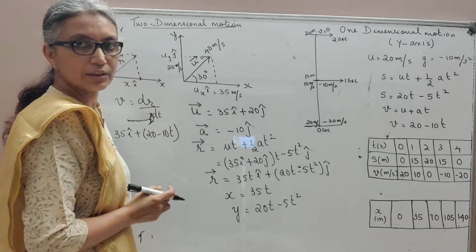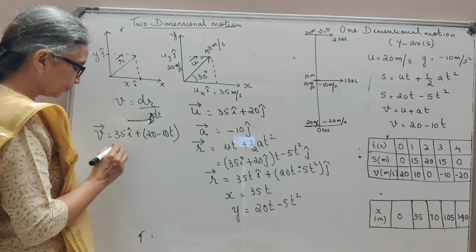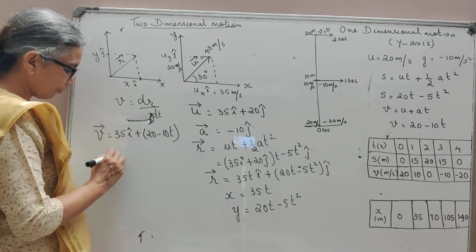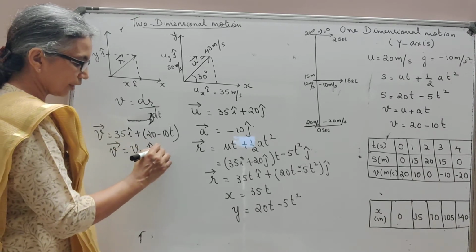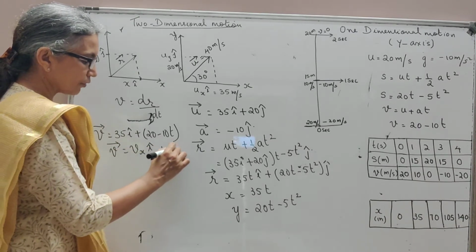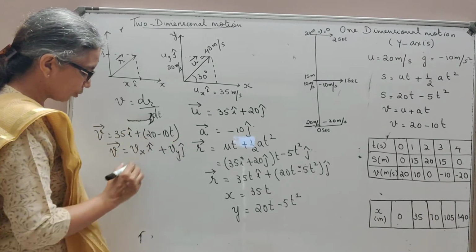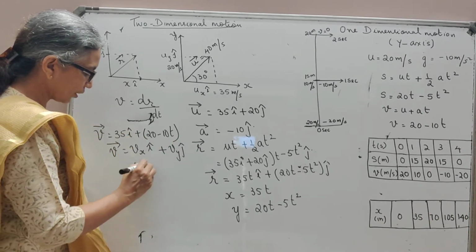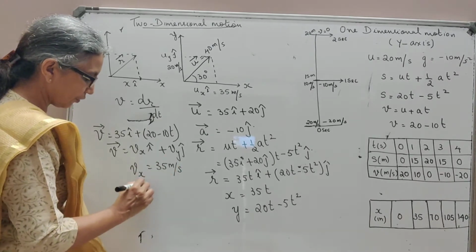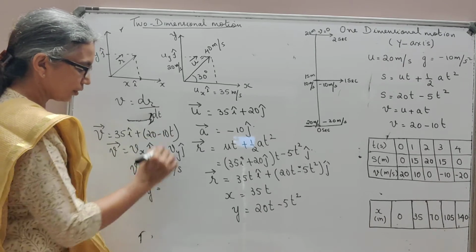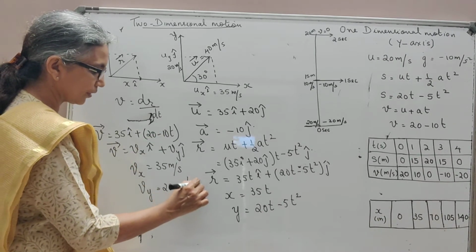As it travels, the velocity at different instants of time will be given by this equation. So we know that the vector v has its components vx along the x-axis plus vy along the y-axis. So if you compare these two equations, you will see vx is 35 meter per second, and vy happens to be 20 minus 10t meter per second.